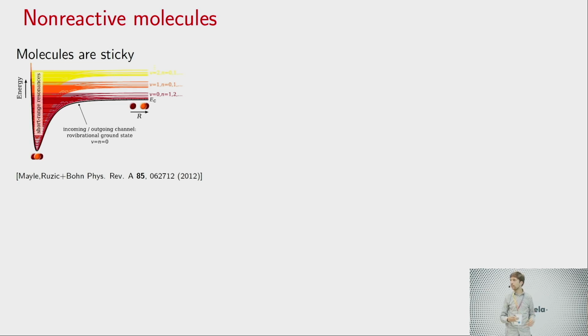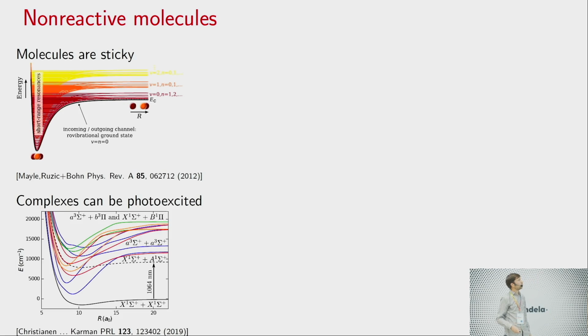There are some key ideas. John Bohn proposed the idea of sticky collisions, where ultracold molecules, when compared to atoms, stick together for a very long time in collisions due to the high density of states of these complexes, and that enables some sort of loss process to occur during this sticking time.